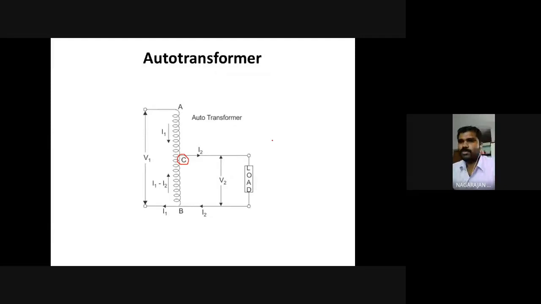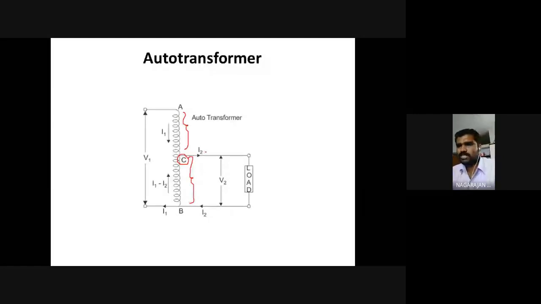So based on the number of turns, the voltage ratios differ. Here in an auto transformer, the number of primary turns and secondary turns is not fixed. We can change it ourselves manually.